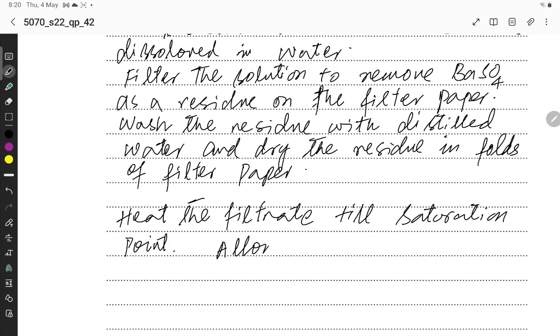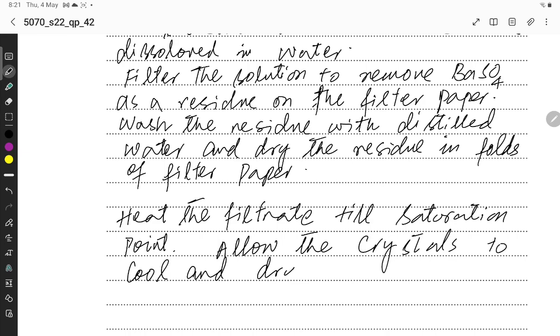Allow the crystals to cool and dry in folds of filter paper.